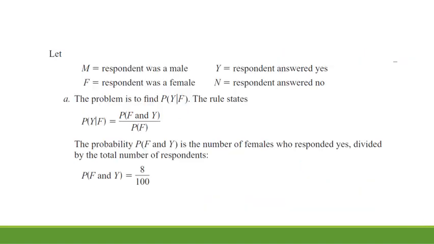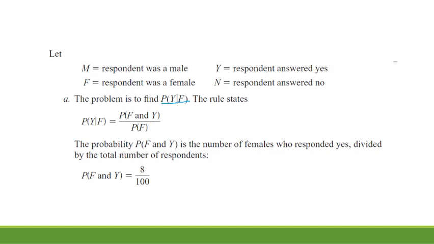So what is the solution? For the first one, let M be the male respondent, F the female, Y for yes, and N for no. The problem is to find the probability of the respondent that answered yes, given that the respondent was a female.